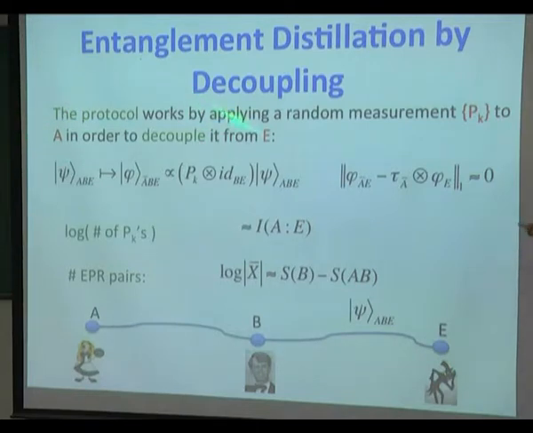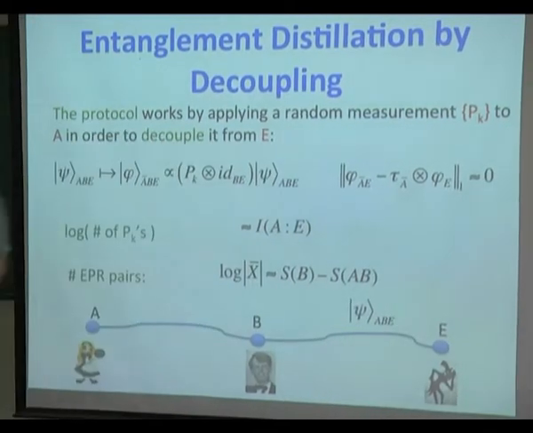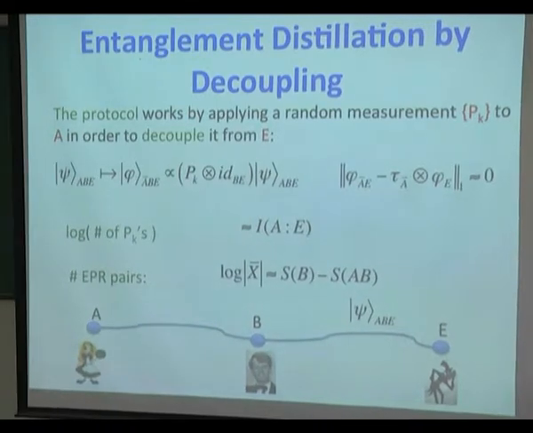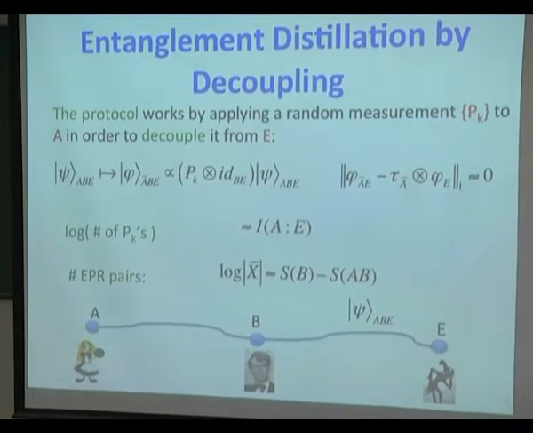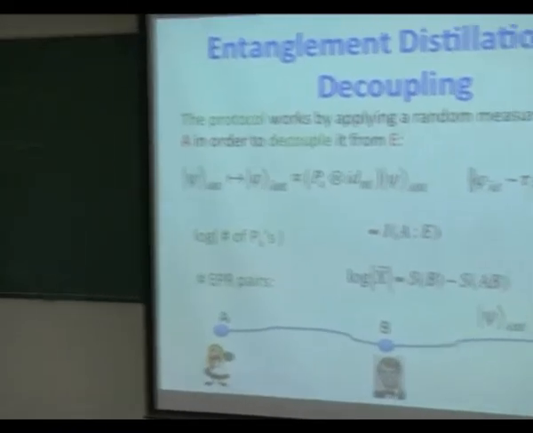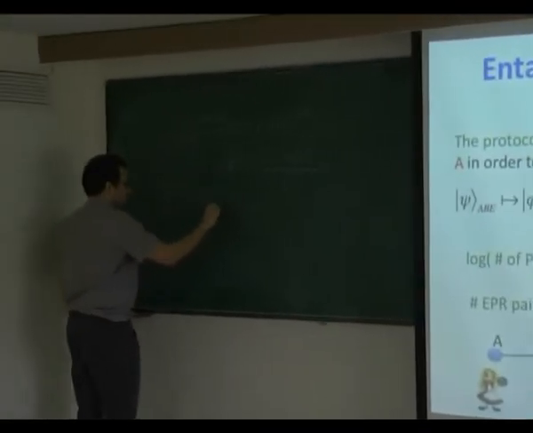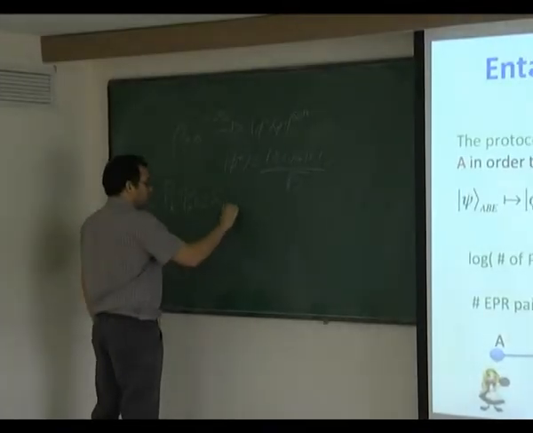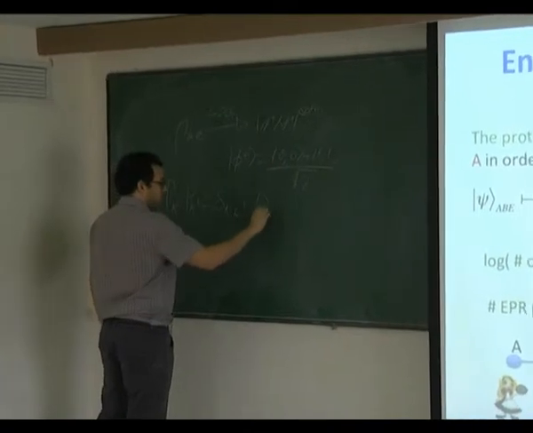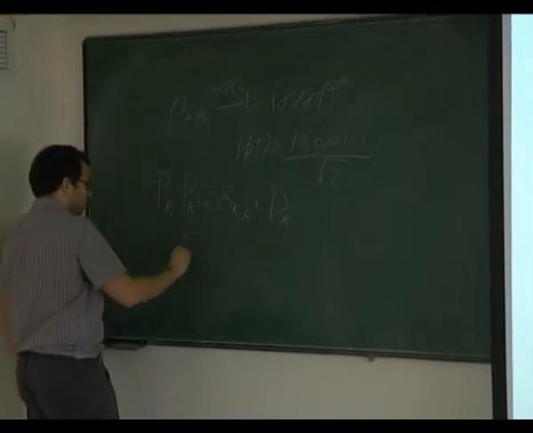As I mentioned, the protocol works by applying a random measurement. These P_k are the elements of the measurement. So it's a von Neumann measurement. We know these P_k's are a resolution of identity and they are orthogonal, right? They are projectors and they sum to identity.